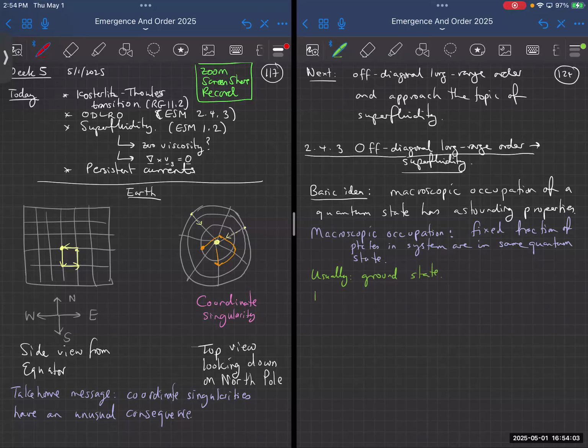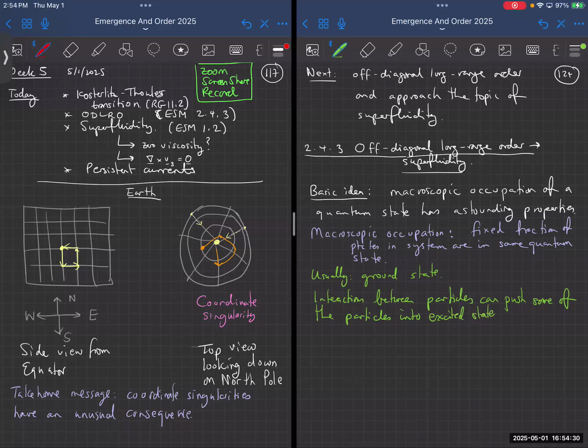And the interactions between the particles can push some of the particles into excited states.